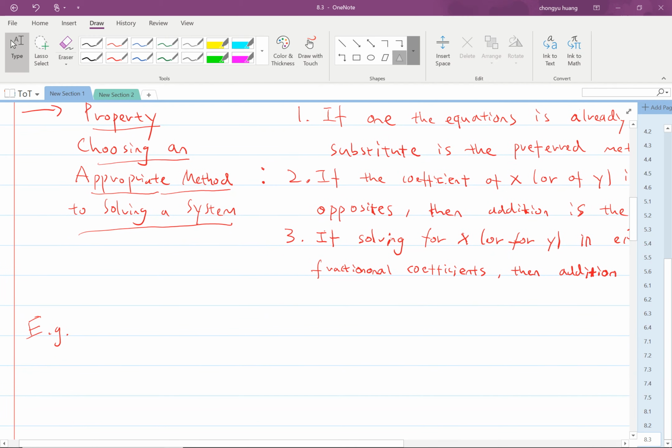We know 3 methods in total. We know the graphing method, and we know the addition method.